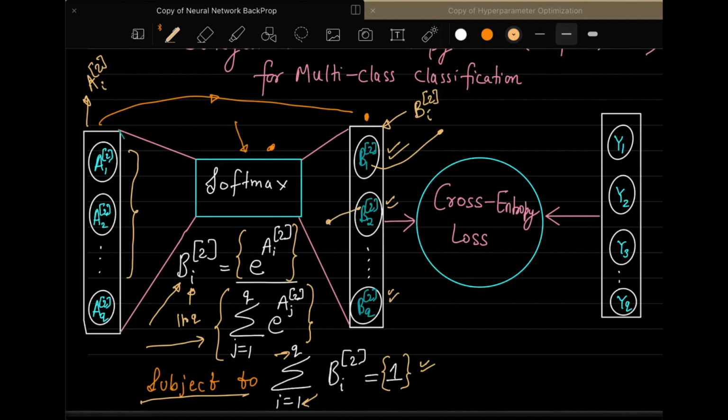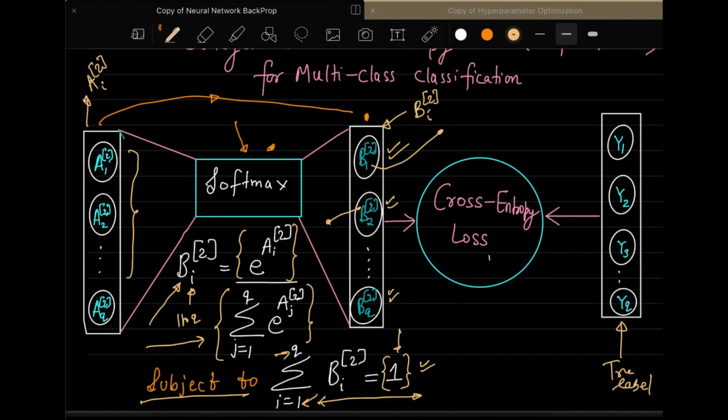And why are we saying it's a probability? Because of this constraint where all the units should sum up to 1, and probability also ranges from 0 to 1. So all these nodes are actually representing the probability of a particular specific class, and this is your true labels which are one hot encoded.